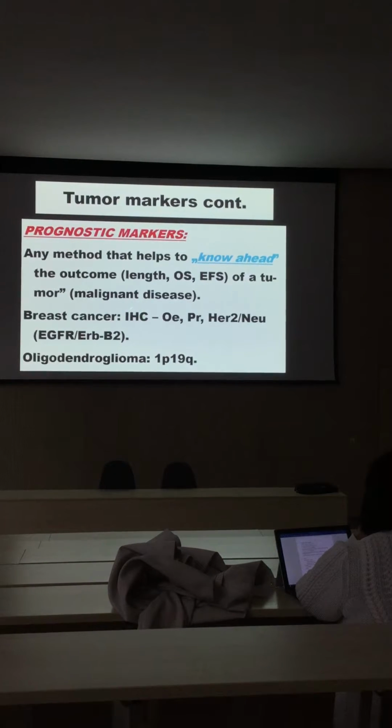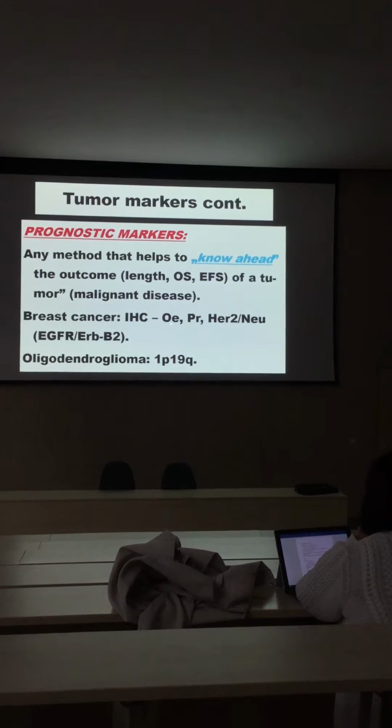We do the immunohistochemical analysis of the tissue to identify estrogen, progesterone, and the HER2 marker, which is an EGFR receptor, by the way. And using these features, we not only can diagnose a specific type of breast cancer, but we can also come up with a prognostic statement.